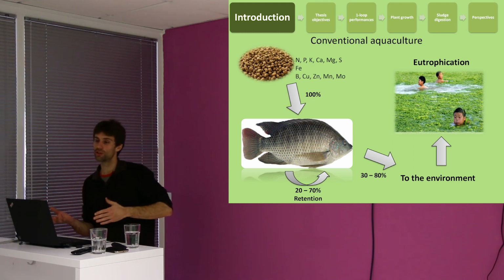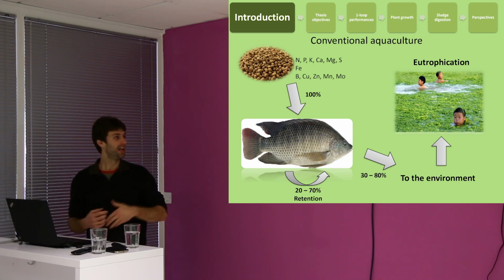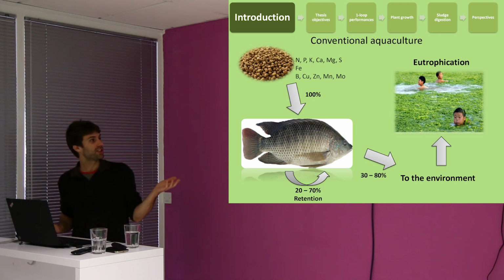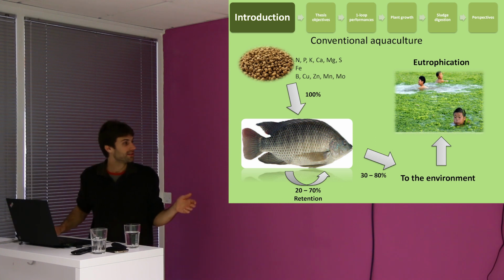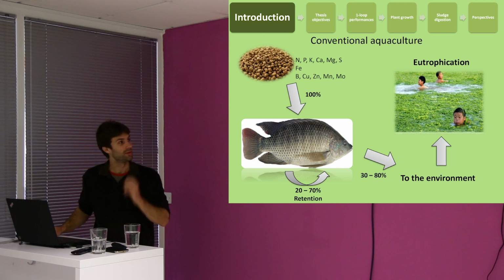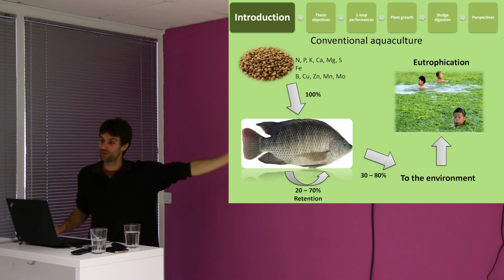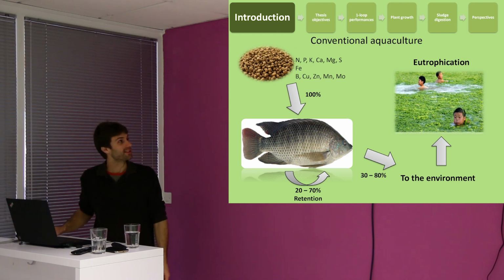So I'm already talking too much, but if we take the example of conventional aquaculture, that could be a good solution for biodiversity saving, because you grow your own fish instead of fishing. But we have this issue that fish actually don't have a good nutrient retention. So here are all the macro and micronutrients we need to grow plants, that is found in the fish feed.